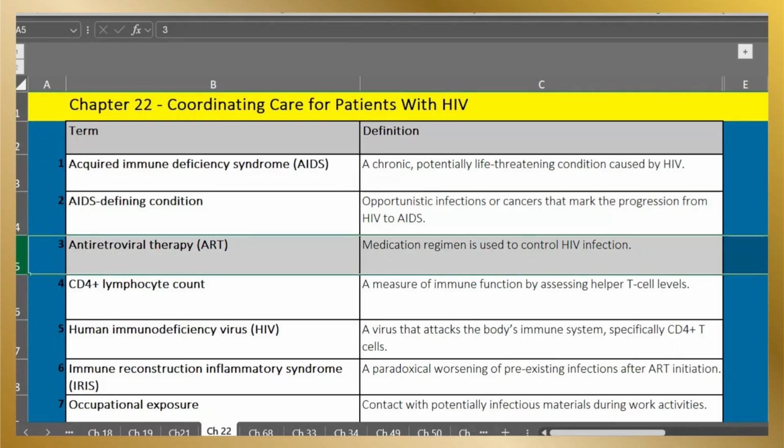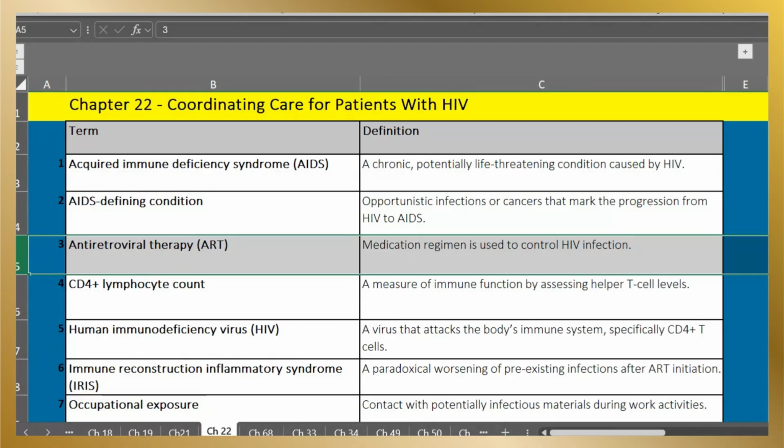Next is ART, antiretroviral therapy. This medication regimen is used to control HIV infection. ART reduces viral load, increases the CD4 plus count, and prevents progression to AIDS.